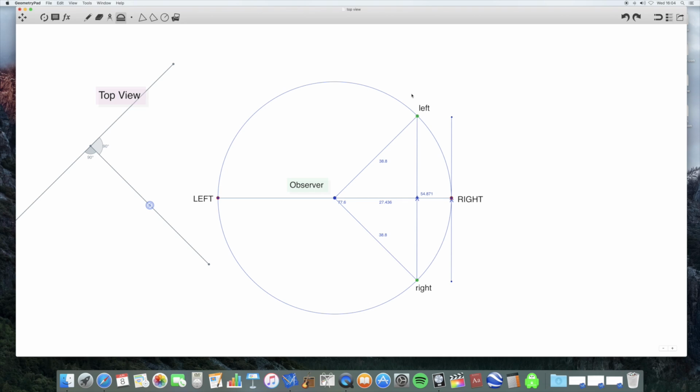Now, there are three ways I think you could see curvature if you were above a sphere like this. You might see it between yourself and the horizon, so along this line. You might see it across your view from left to right, or you might see the actual curvature of the horizon itself, this line here.